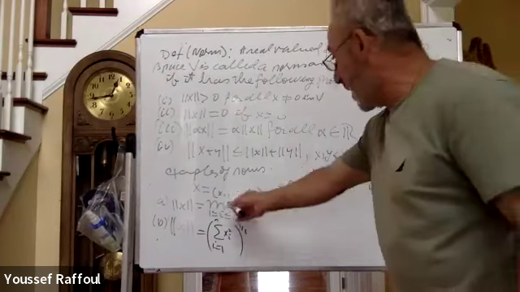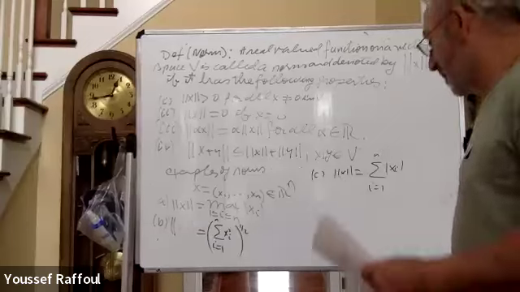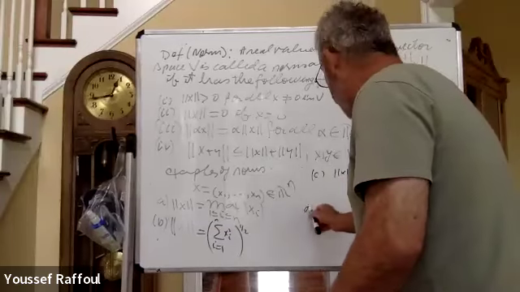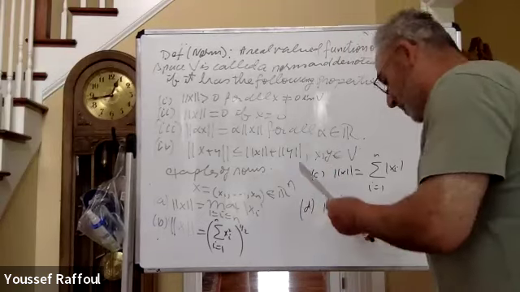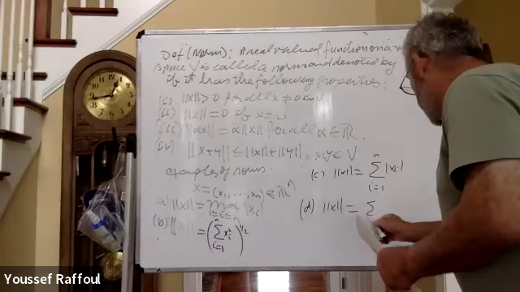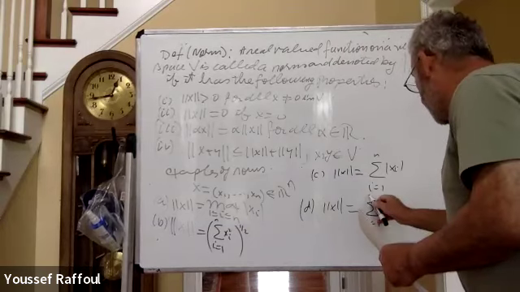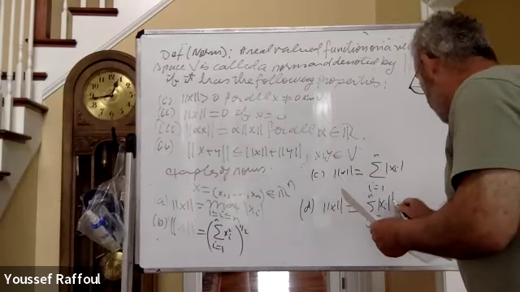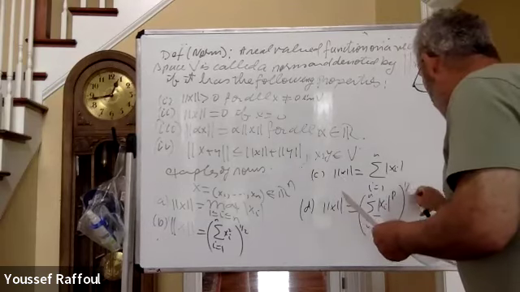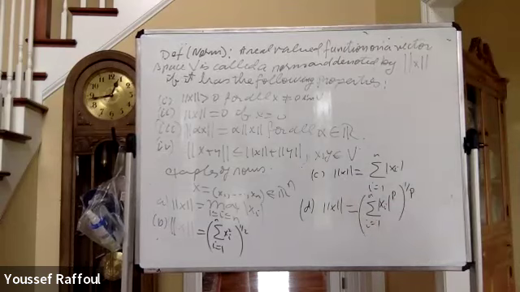So you add all the entries, and D, these are all examples of norms, equal to the sum from i equal 1 to n of the absolute value of x_i to the p, to the power 1 over p.